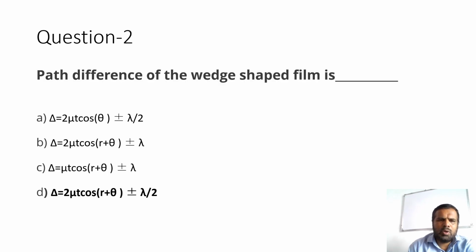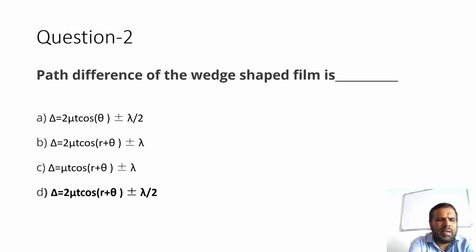Question number 2. Path difference of the wedge shaped film is option A, delta is equal to 2 mu t cos theta plus or minus lambda divided by 2. Option B, delta is equal to 2 mu t cos of (r plus theta) plus lambda plus or minus lambda.